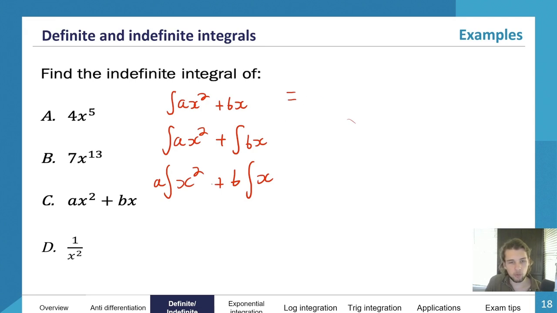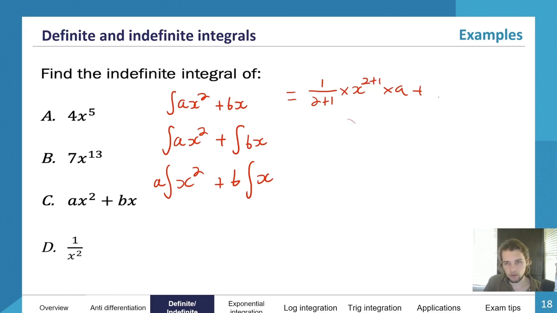So now what we can do is utilize this formula for each of them. For the one with a out the front, we have 1 over 2 plus 1, multiplied by x to the power of 2 plus 1, multiplied by a. And then we have to add our second term here.